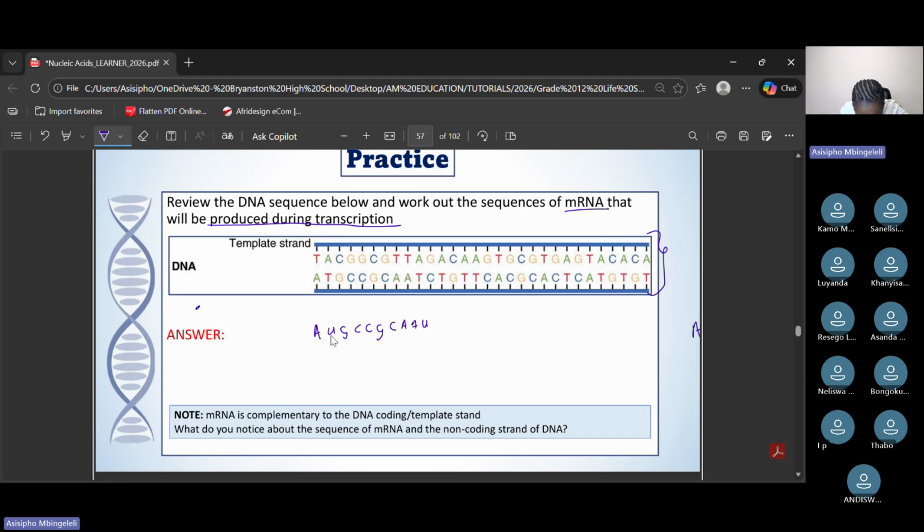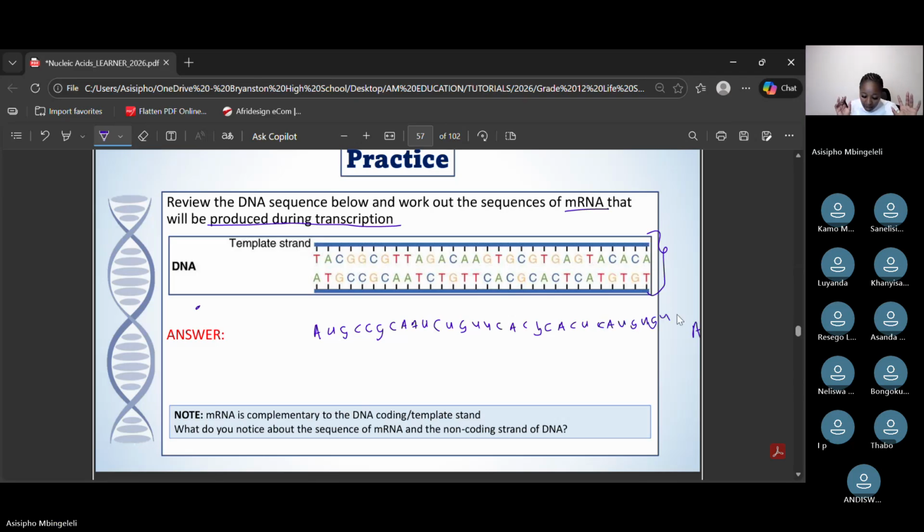A, U, G, C, C, G, G, T, T, C, A, A, then U, A. Okay, then it will be C, U, G, then U, U, C, then A, C, G, C, then A, C, U, C, A, U, G, U, G, U.